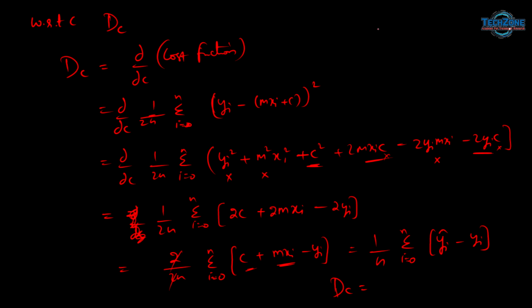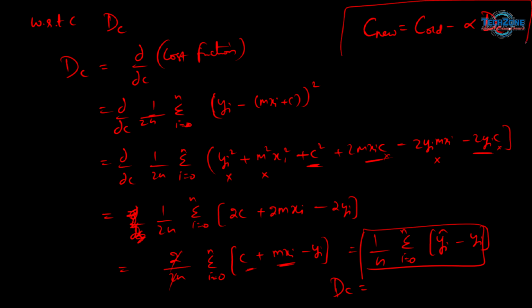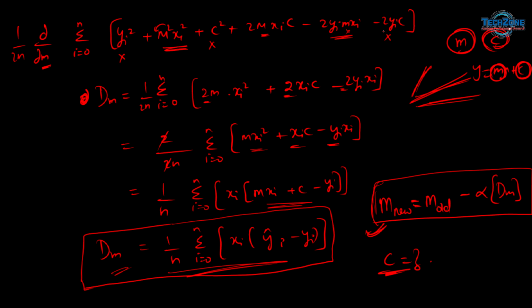See, new coefficient, new y-intercept is equal to old y-intercept minus learning rate multiplied by this differentiation of the cost function. So this is how we'll find the value of the y-intercept. This is how the y-intercept changes, and this is how the slope changes.